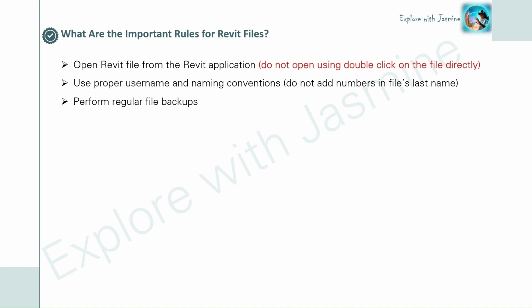Since BIM models contain critical project information, regular backup helps prevent data loss due to system crashes, file corruption, or unexpected issues. Following these basic practices helps maintain better BIM workflow stability, smoother collaboration, and safer project data management.